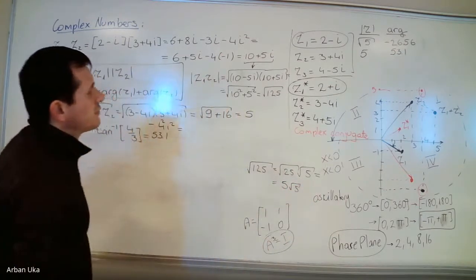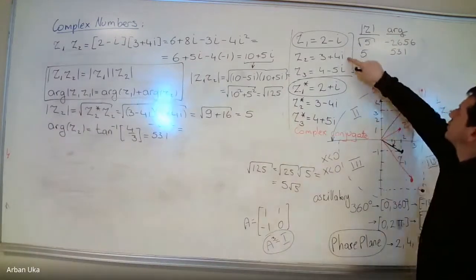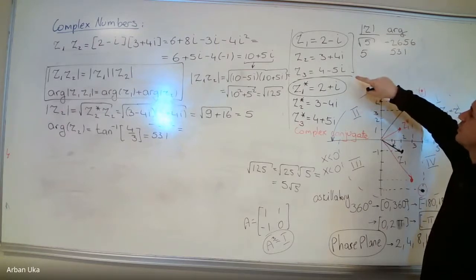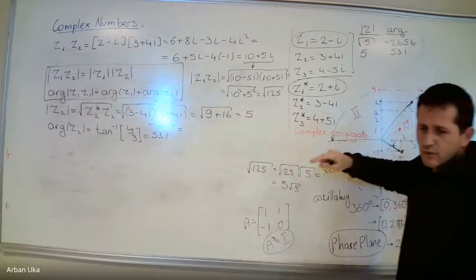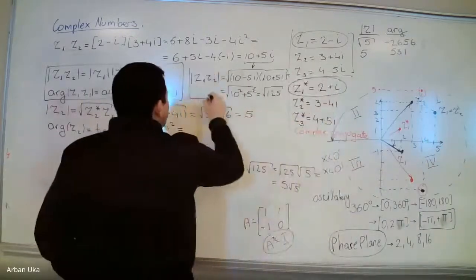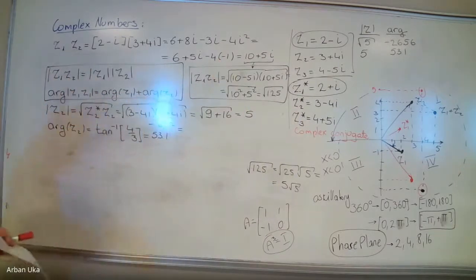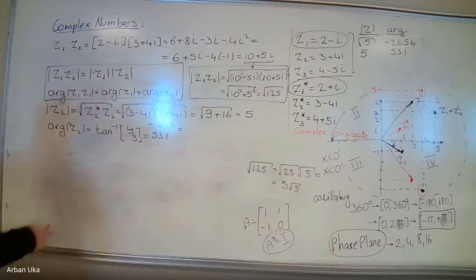So what is important for us is that if we multiply z1 and z2, we get another number whose magnitude or modulus is 5 times the square root of 5. Okay, so this is what we wanted to confirm. This was an interesting and useful property, as we'll see very soon.